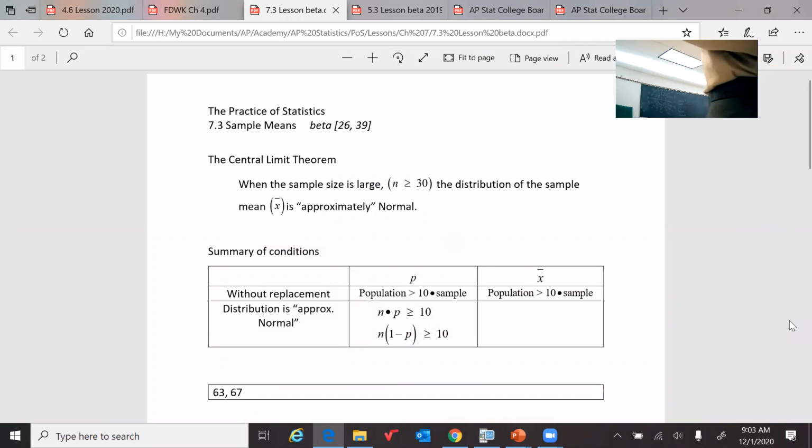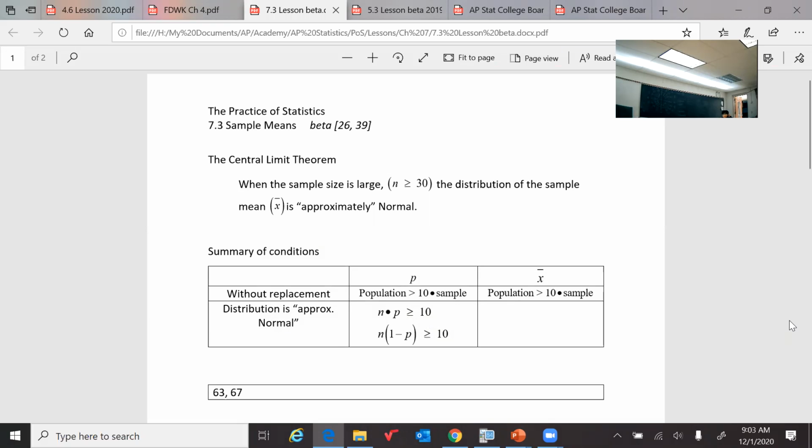So I just kind of summarized this here and said, okay, how about the distribution of proportions, 7-2, and means, 7-3? Because we're sampling without replacement, the condition is the population has to be greater than 10 times the sample size.